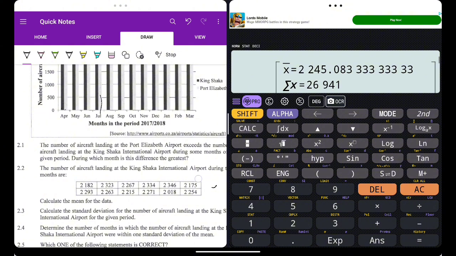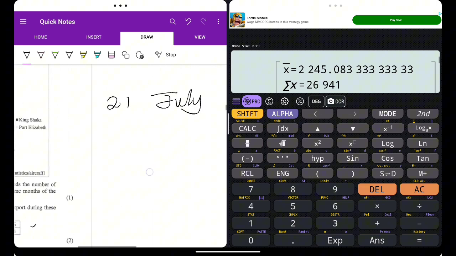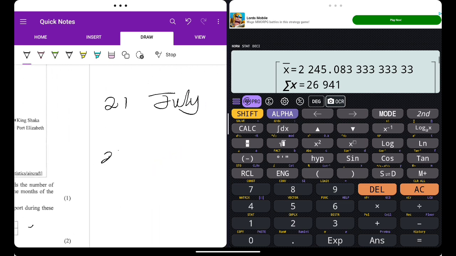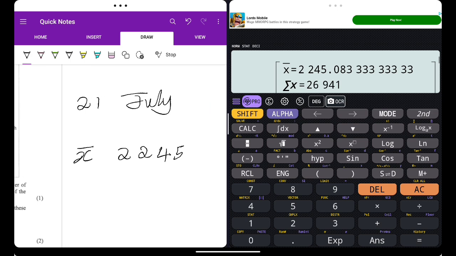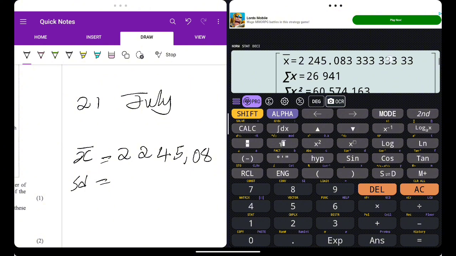So we have the mean is 2245.08, we can just round it off. Then the standard deviation, it's 26. No, the square root of that.